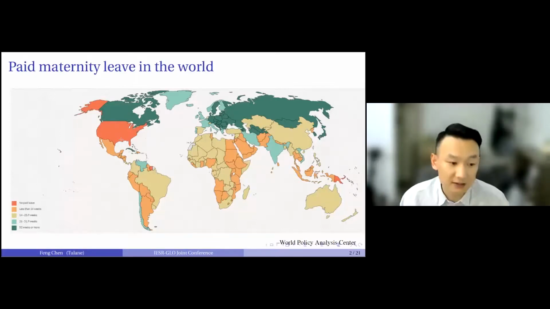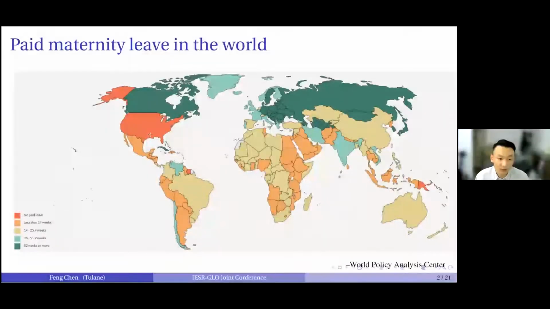However, the United States, as the largest developed country in the world, does not have national level paid leave for mothers. In contrast, China, as the largest developing country, has paid leave for mothers for at least 128 days. So it will be interesting to look at the empirical evidence in the setting of the United States.